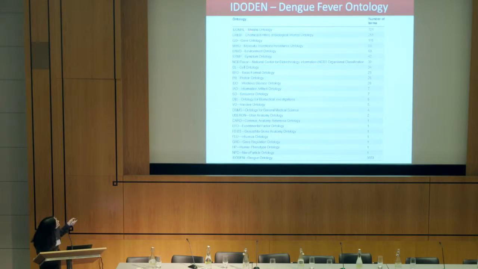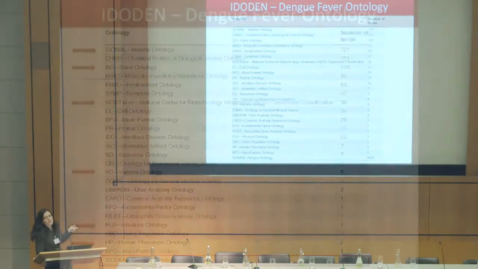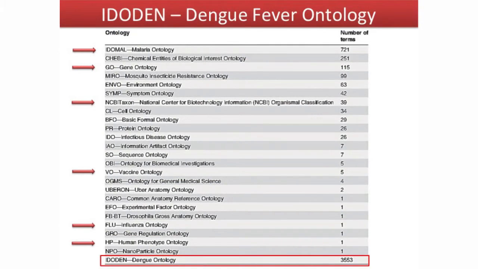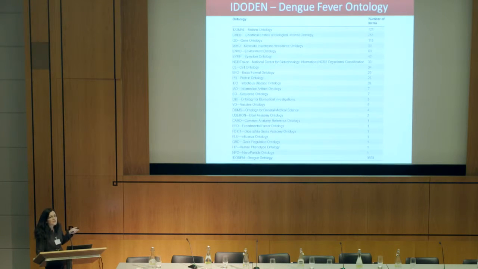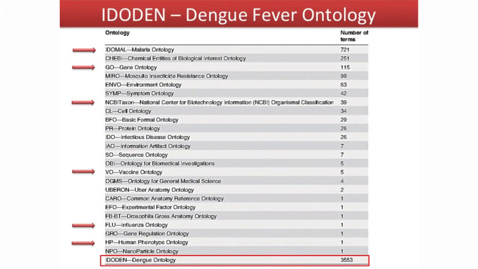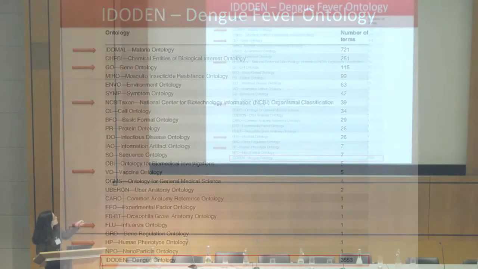And you can see, in order to avoid redundancy, the MIREOT methodology was used, which consists in inheriting each term from previous ontologies already done, if the definition is not changed, so that at the end, the malaria ontology, gene ontology, the taxon from NCBI, vaccine ontology, influenza ontology, for example, and human phenotype ontology were all integrated in IDODEN, but IDODEN itself has already more than 3,000 terms, which are not redundant.